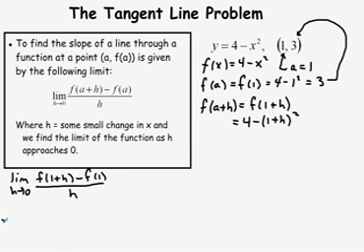And replacing that with the appropriate values. Notice, by the way, I'm going to carry my limit notation everywhere I go until the point where I'm actually done having evaluated that limit. I'm going to take 4 minus the quantity 1 plus h squared, minus the value of f of 1, that's f of a, that's equal to 3, all divided by h.